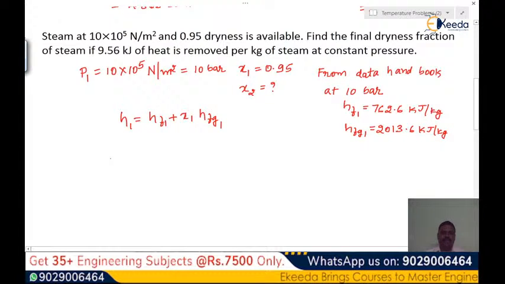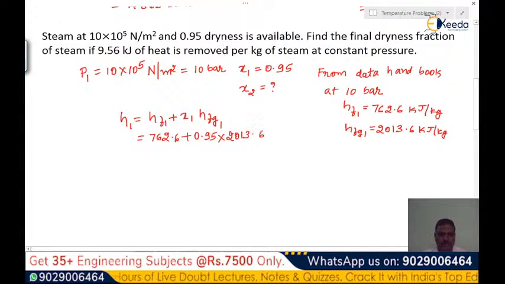Now let us find out the enthalpy of the wet steam when it is 0.95 dry. So H1 is HF1, 762.6, plus X1, which is 0.95, into HFG1, which is 2013.6 kilojoules per kg.